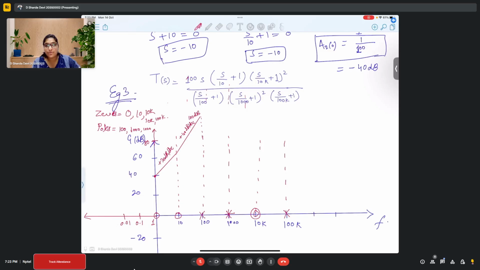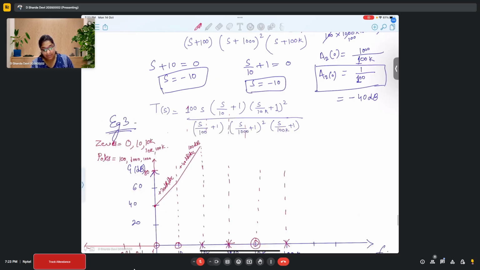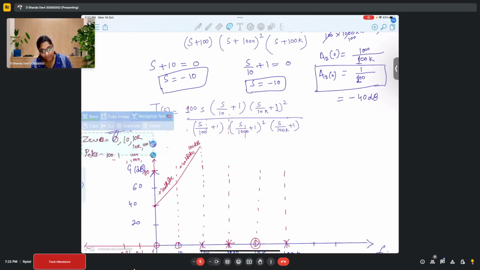Is this clear to everyone? How have we arrived at this conclusion? Is this clear to everyone? Yes, ma'am. Okay, so maybe I'll extend the graph only so that.